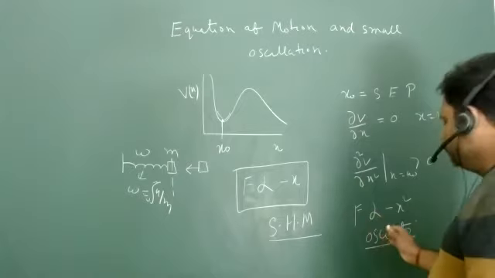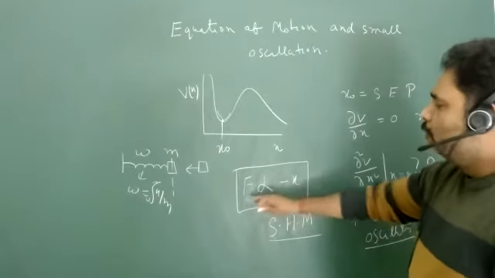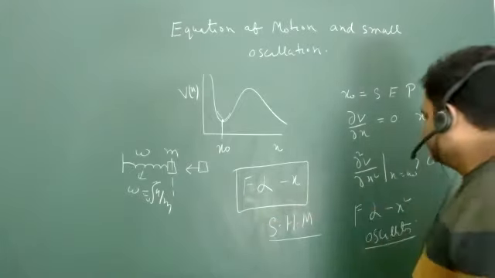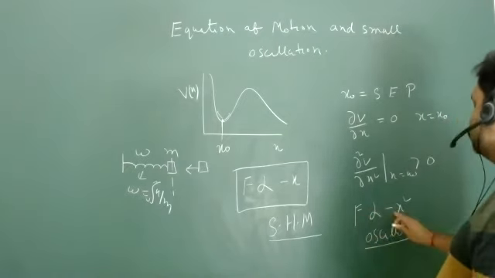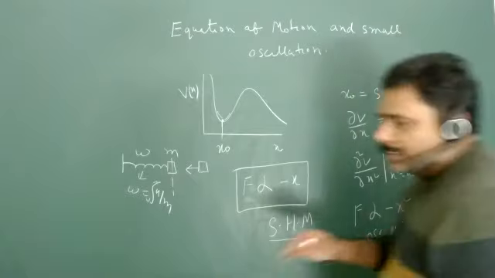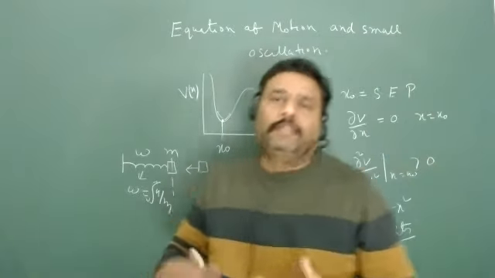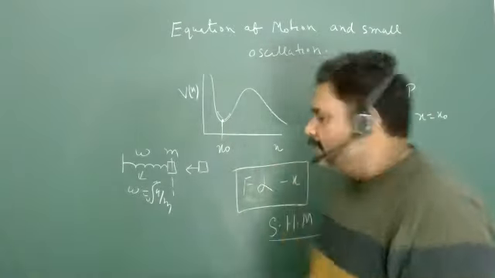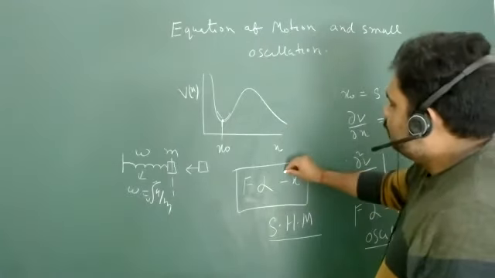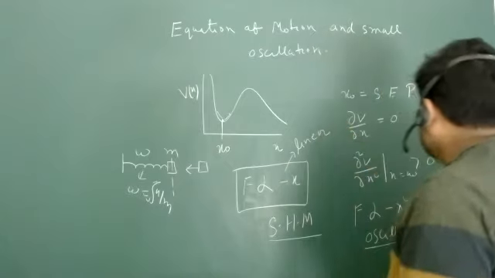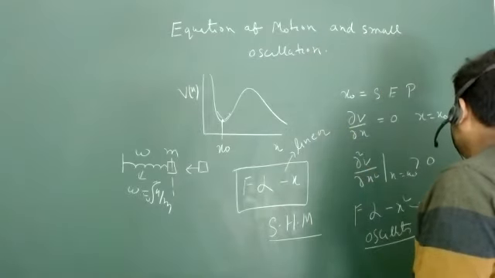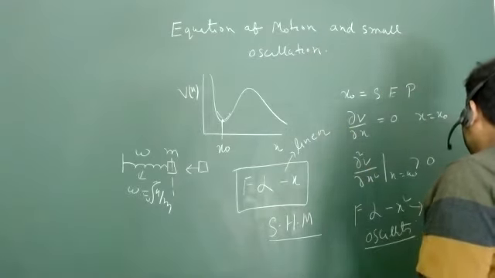There is a difference between oscillation where the force is proportional to minus x, and oscillation where the force is not proportional to minus x. In fact, it has some other function of x. You can say that this is a linear function, and this is a non-linear function.